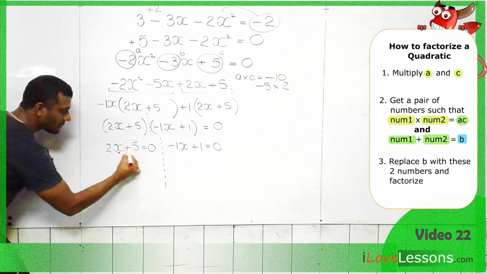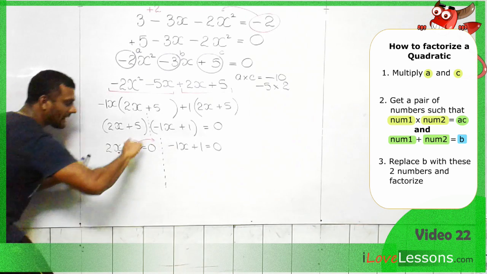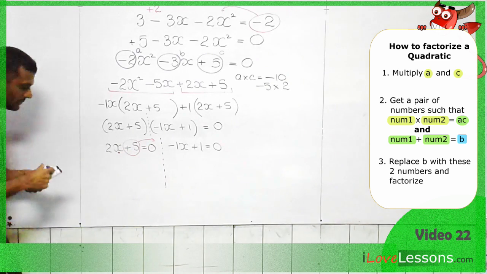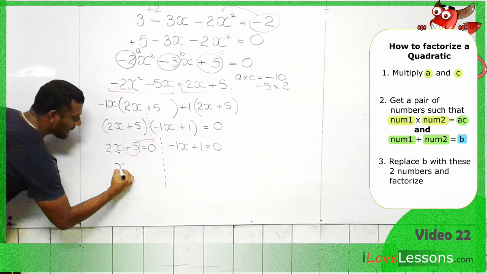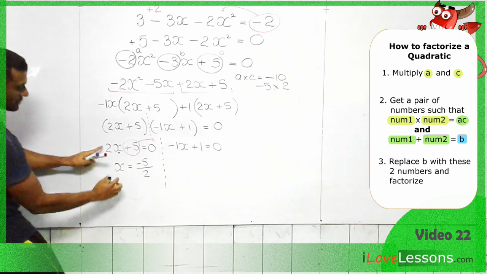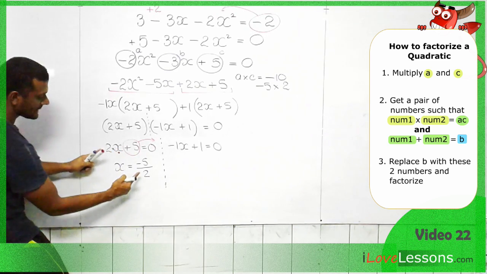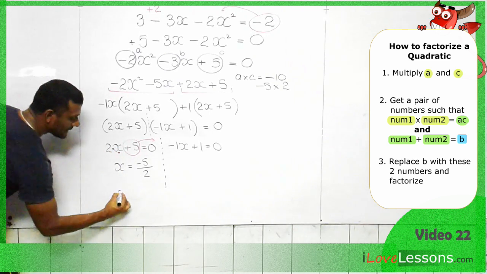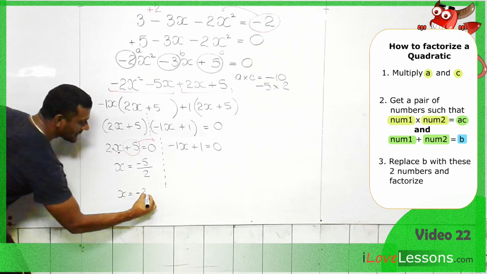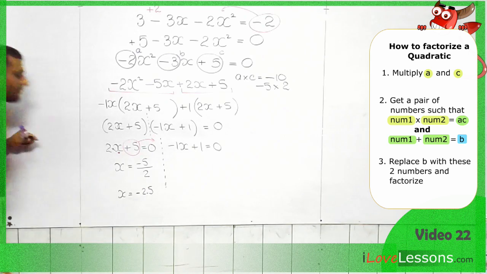To solve for x, we will have to throw across the positive 5 to get minus 5 and then divide by 2. Which means we will end up with minus 5 divided by positive 2. Because when you throw across or multiply, the sign does not change. So minus 5 divided by 2 on your calculator will be minus 2.5. That's our first answer for the quadratic.